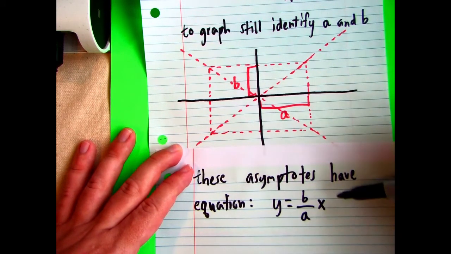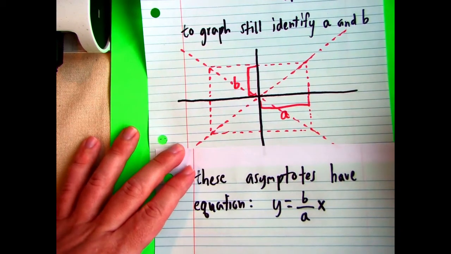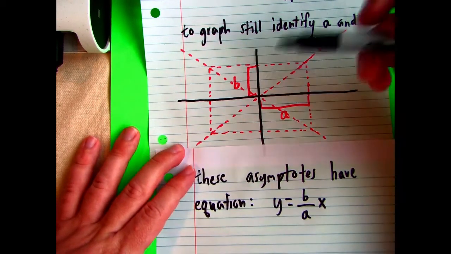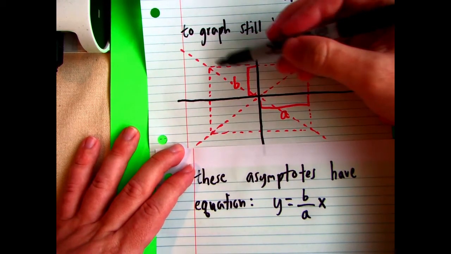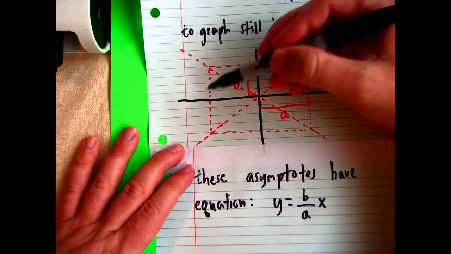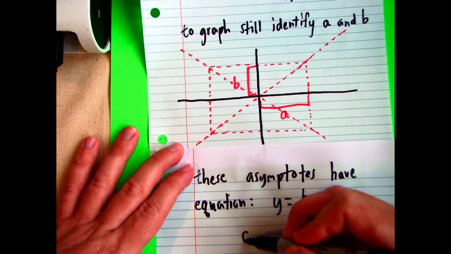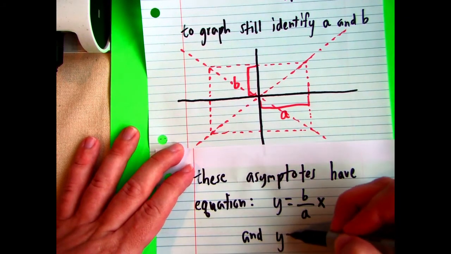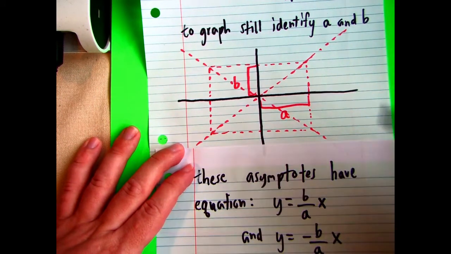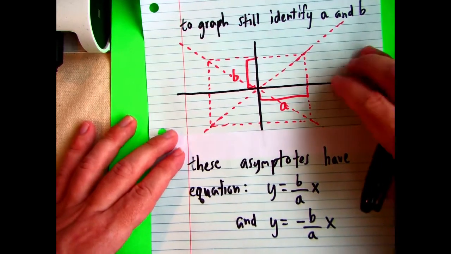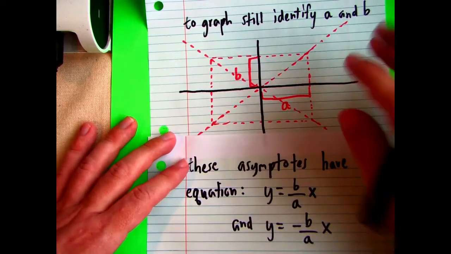The equation is y equals b over a x. That's the asymptote with the positive slope. The other asymptote, which has negative slope, has a slope of negative b over a. So the equation of that second asymptote is y equals negative b over a x.